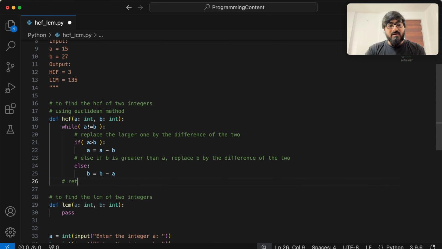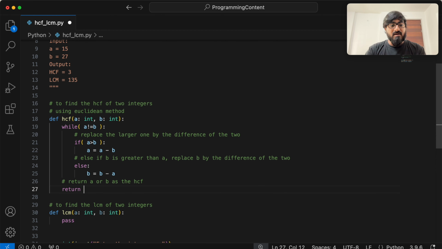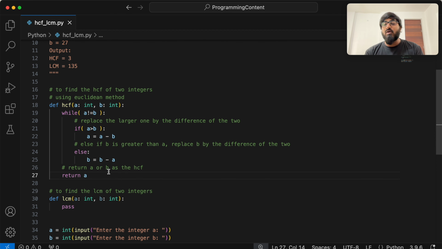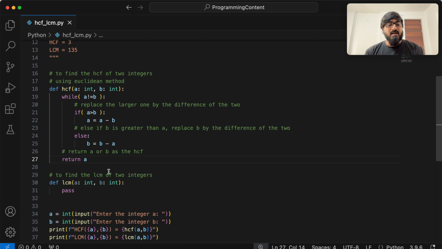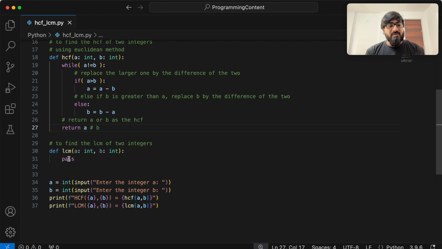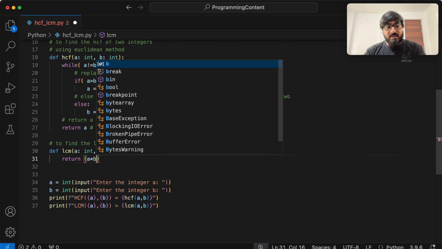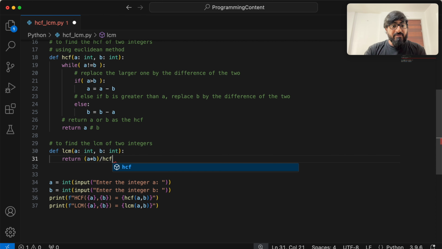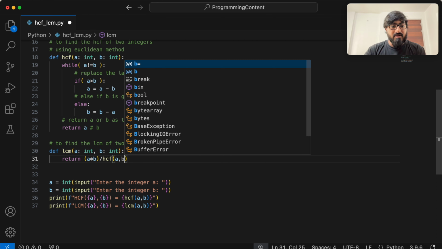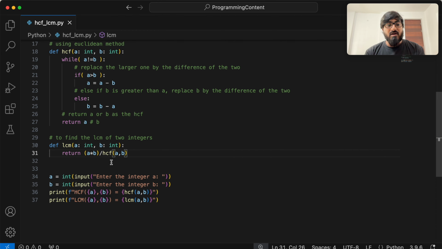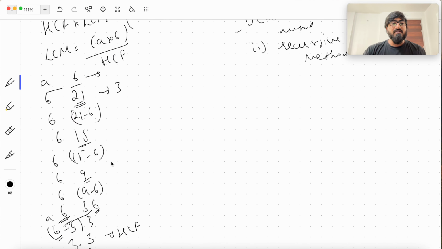And return a or b as the HCF. Either one, you found your HCF. For LCM, I'll simply use return a into b divided by the HCF of a and b, the product by the HCF. That's what we discussed for LCM.